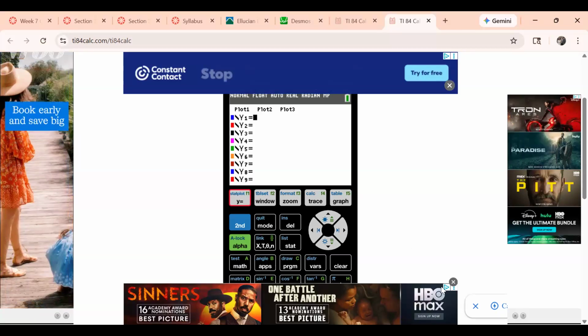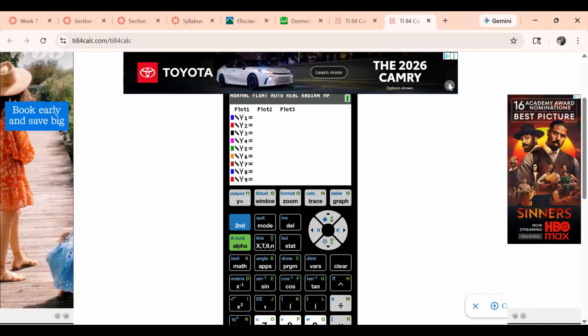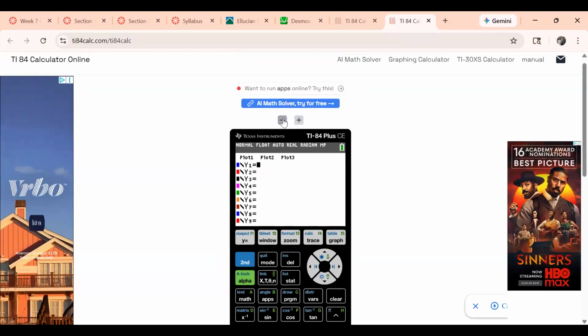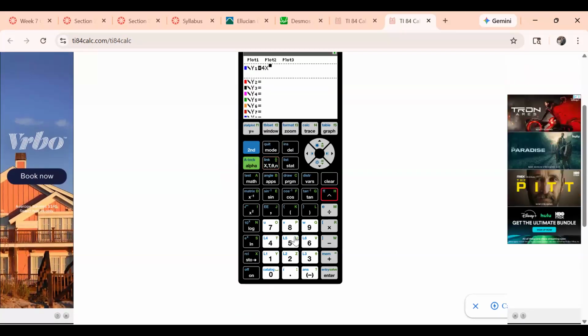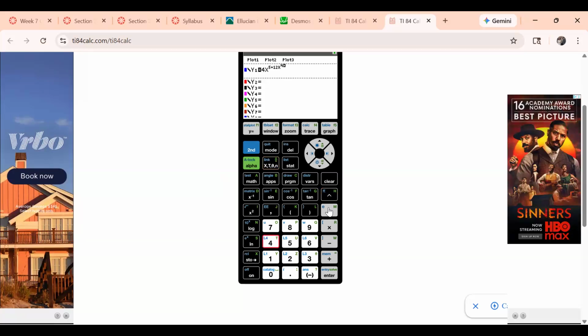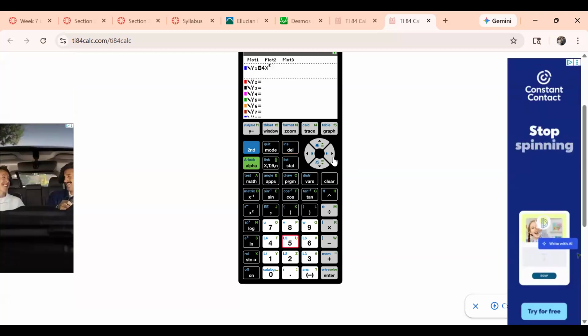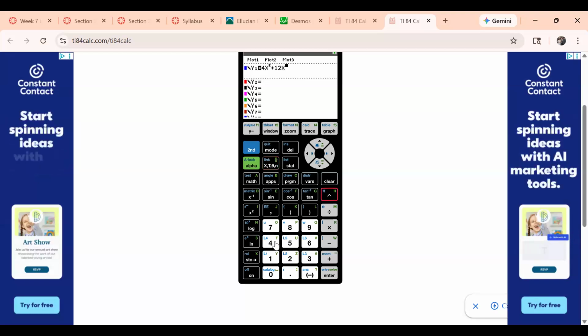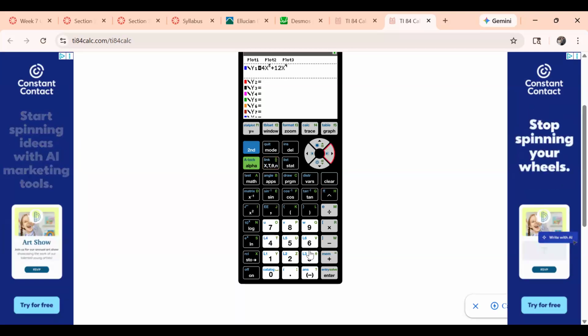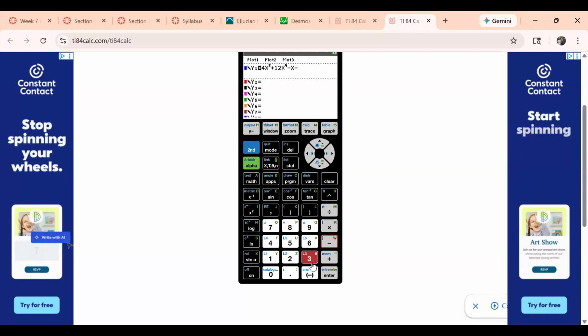And then in here, you're going to type in your polynomial: 4x to the 5th plus 12x to the 4th, move out of the exponent, negative x, -3.